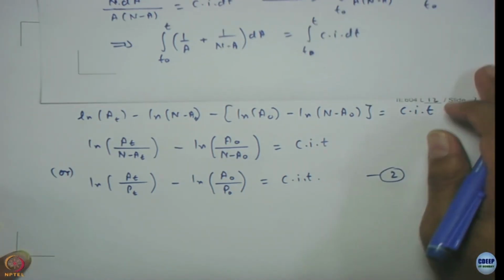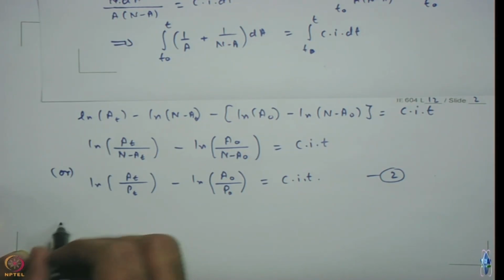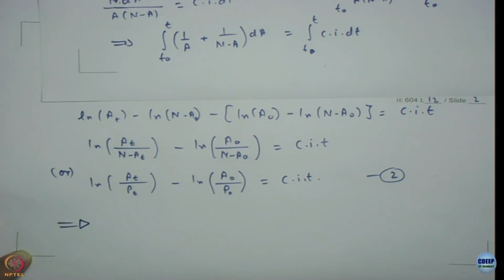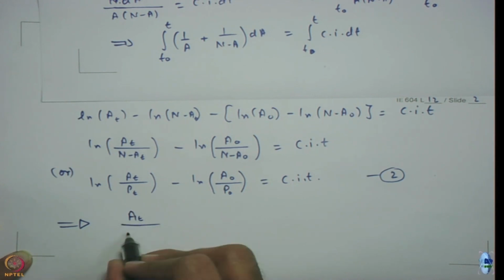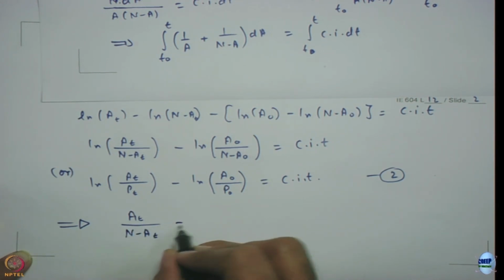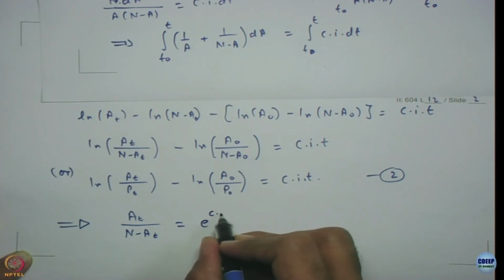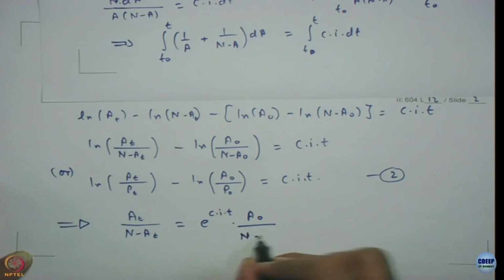Again I can play with this main equation as per my convenience. So, this can be further solved to give us another expression as AT by N minus AT is equal to e power CIT into A naught by N minus A naught.